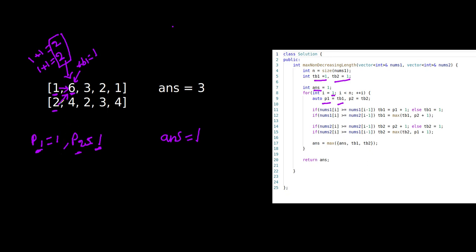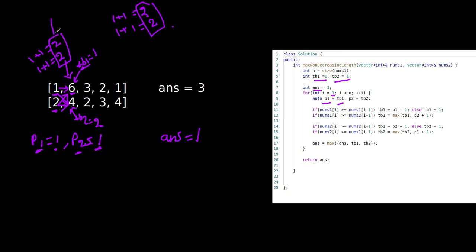Now let's calculate for tb2. From 1 to 4 we can go, the p1 is 1, so 1 plus 1 equal 2. From 2 to 4 also, the value of p2 is 1 plus this move equal 2, and the maximum of these two is 2, so tb2 equals 2.